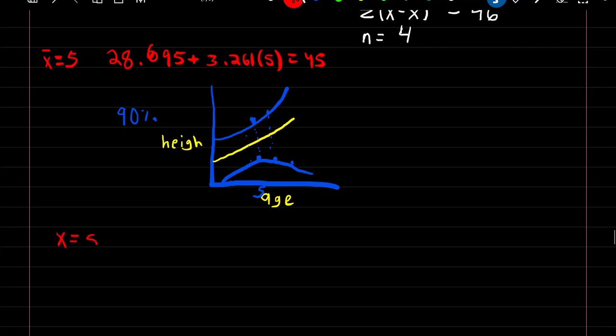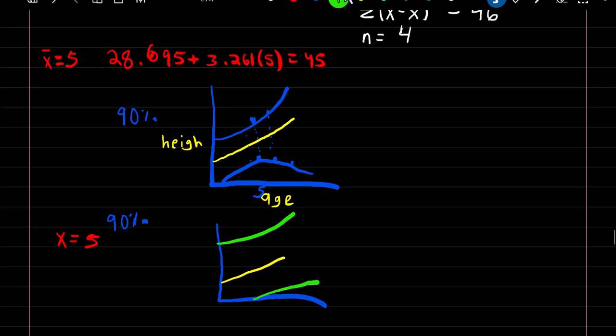So if there's one person age 5 and we want the 90% range, we want to be 90% confident of where the true population predicted value for someone who is 5 years old would fall. Let's make our prediction line again. The difference is that it's going to be wider than our confidence interval, because the confidence interval is for the mean of age 5, while the prediction interval is only for one observation of age 5.